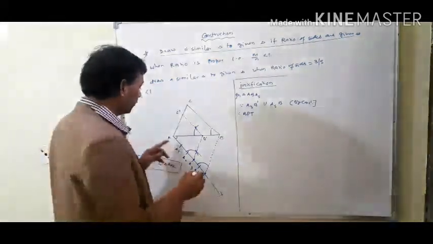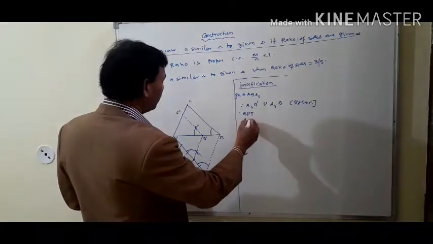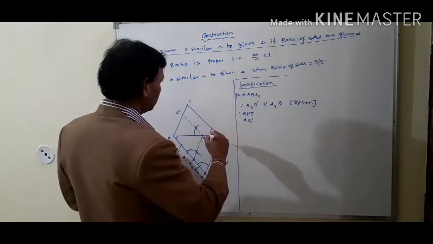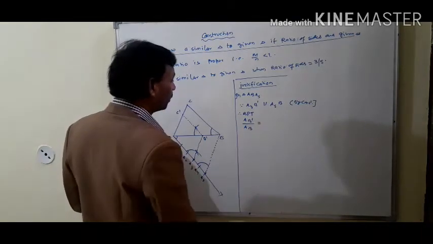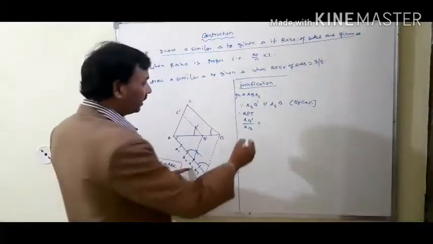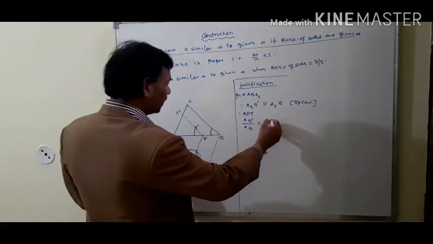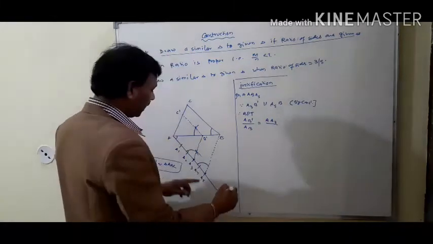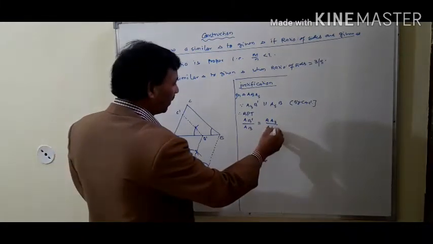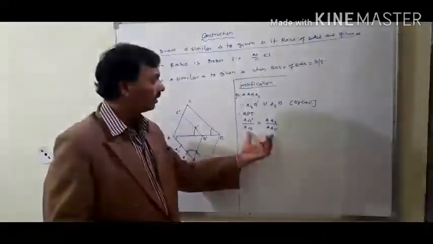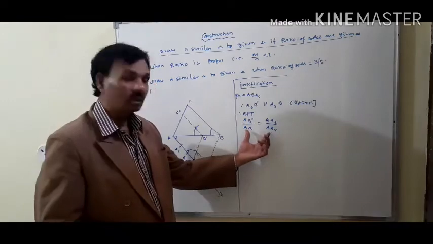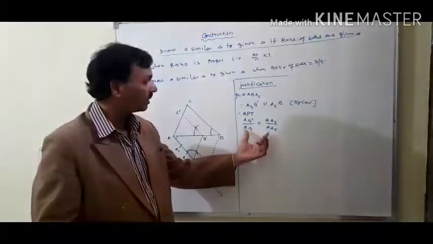That means here we can write AB dash upon AB is equal to AA3 upon AA5. This is according to the definition of Thales theorem.